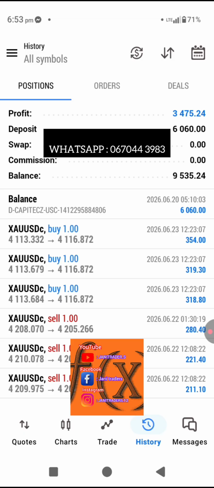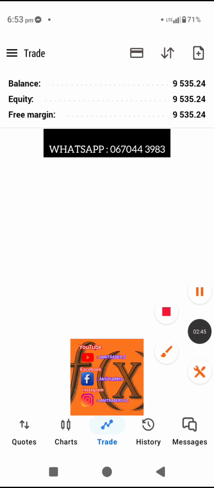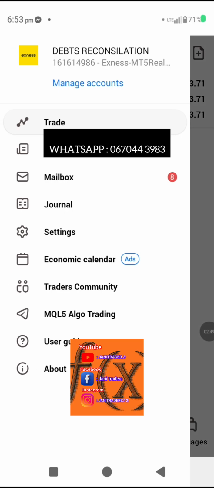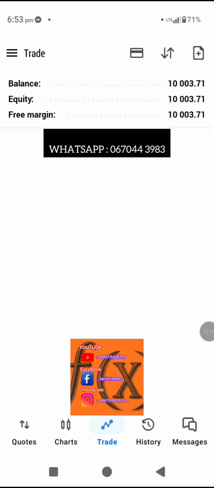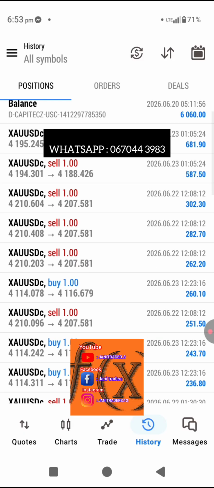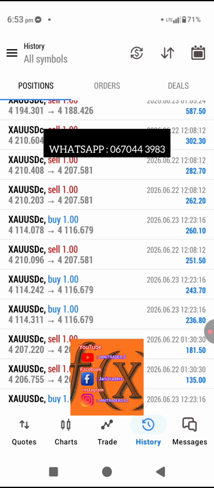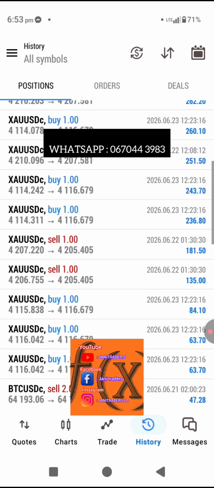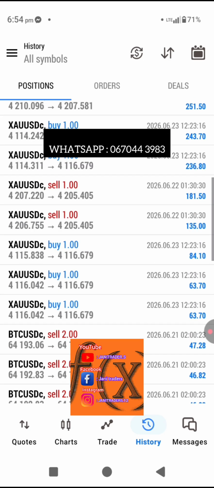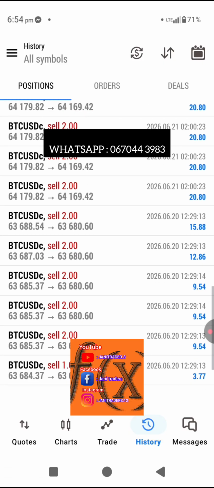Let's go to another account. You can see this one has 9,000. Let's go to the next, and as you can see, this account has 10,000. This is a real account, guys. This is the money that we were able to make with that indicator. Look at the profits, the real profits, with no loss since we started.